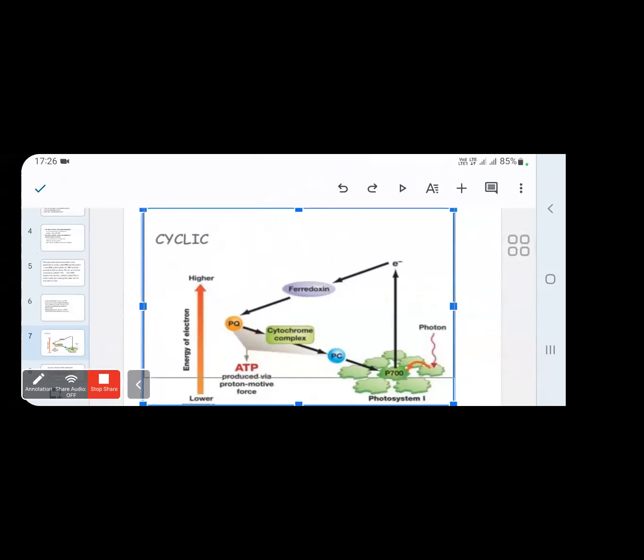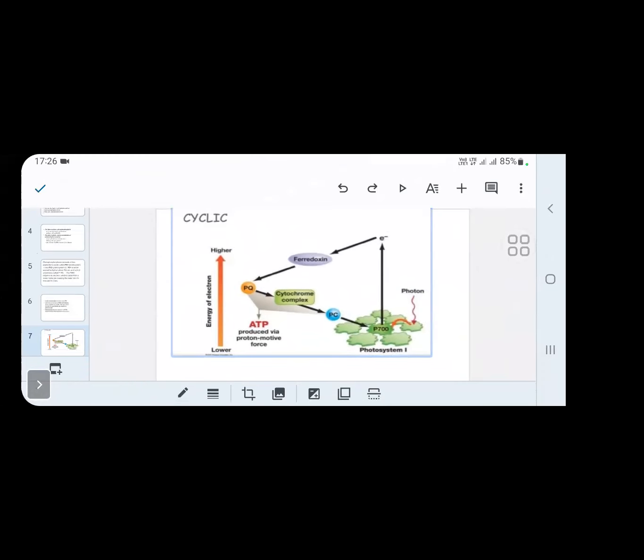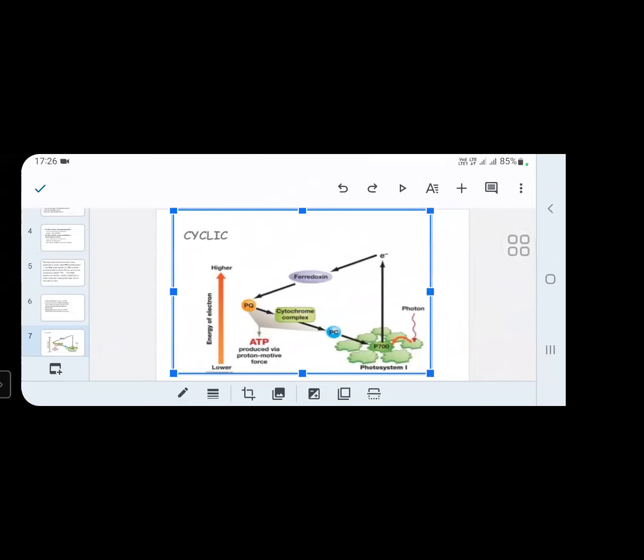You can observe here, PS1 is activated by one photon. It absorbs the light, in the form of photons. So when PS1 is activated by one photon, the excited electron is lifted from its reaction center P700.